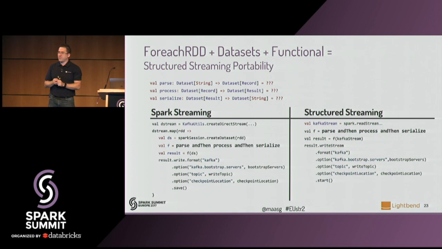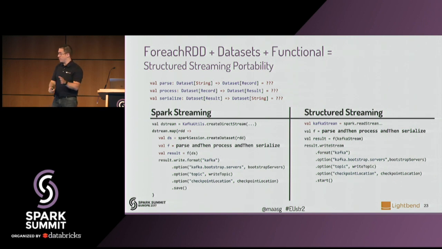Keeping the types information here is crucial because it will guide you on what you're doing and what each of the functions is providing you in the whole pipeline, and it will be a lot easier to connect one to the other. And then we can see there I defined parse, process, and serialize.